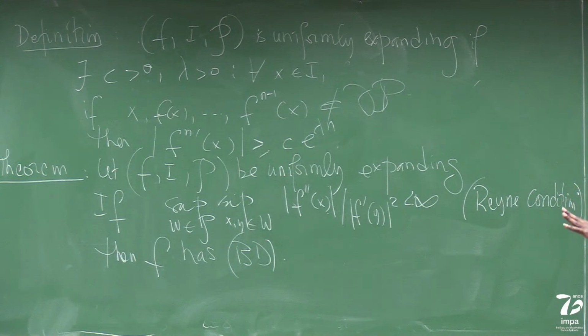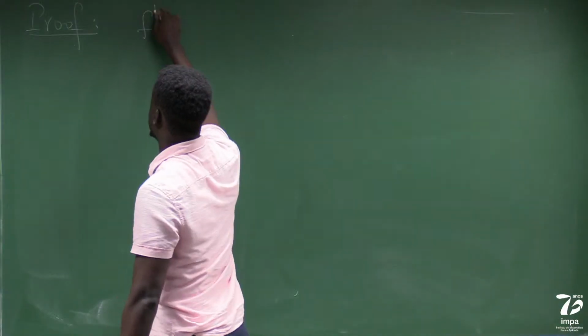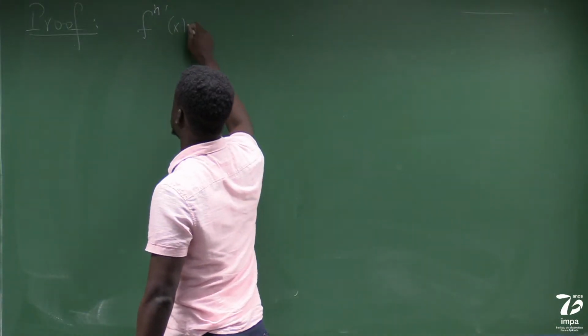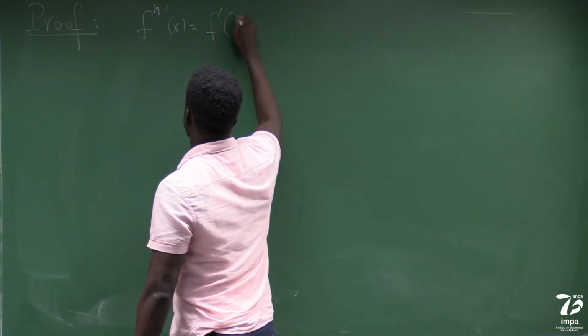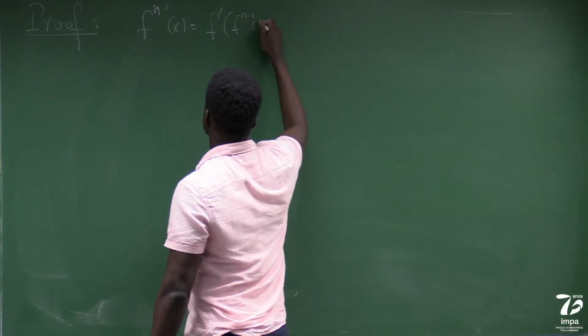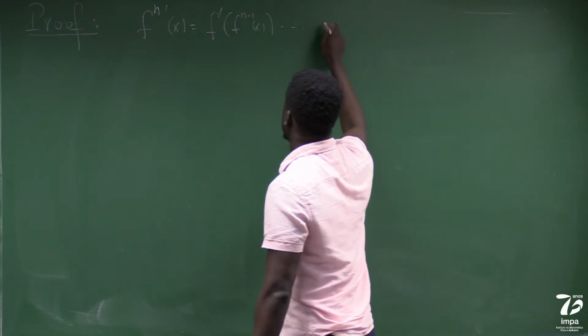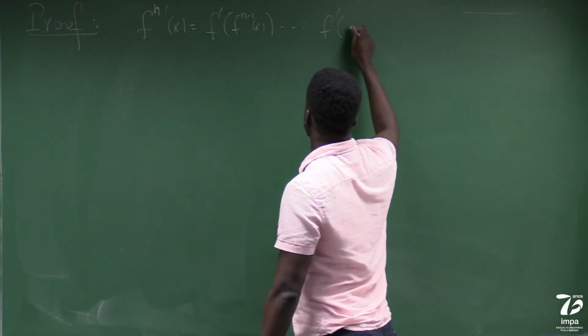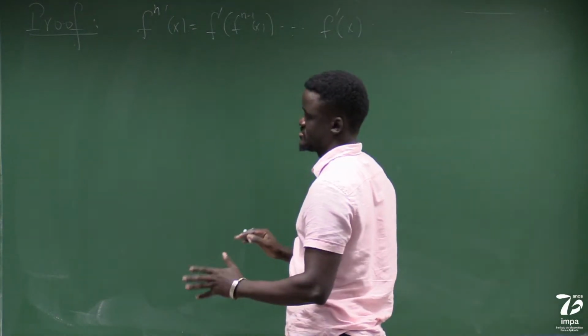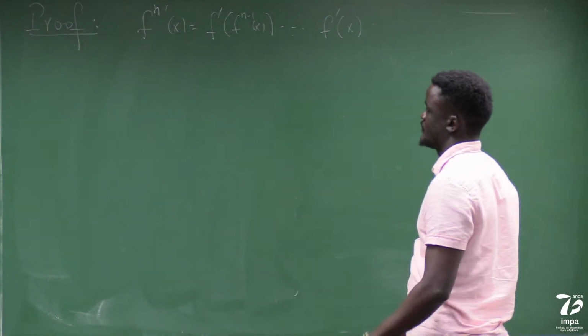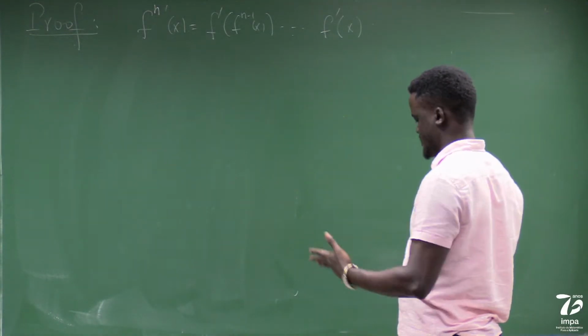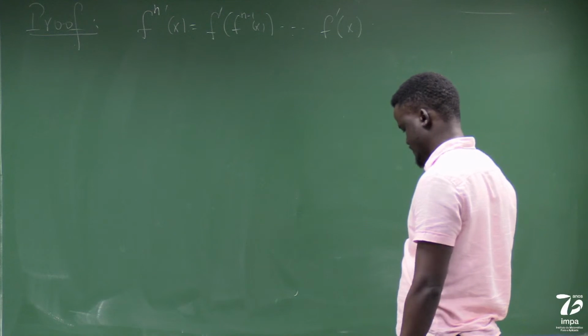So I'm in one dimension, so see that f^n prime of x equals f prime at f^(n-1) of x times f prime at x. This is just the property of the one dimensional derivative.